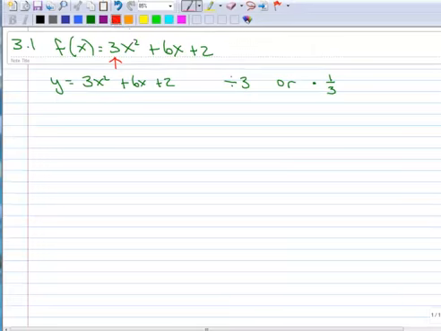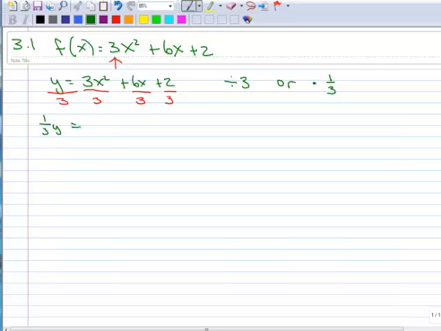And I'm going to show it in red, and I'm just going to show it dividing right now. If you divide one term, you have to divide all the terms. So I'm going to write y over 3 as 1/3 y, because I like that better. And then this first term, of course, 3 divided by 3 is 1, so that becomes x squared.